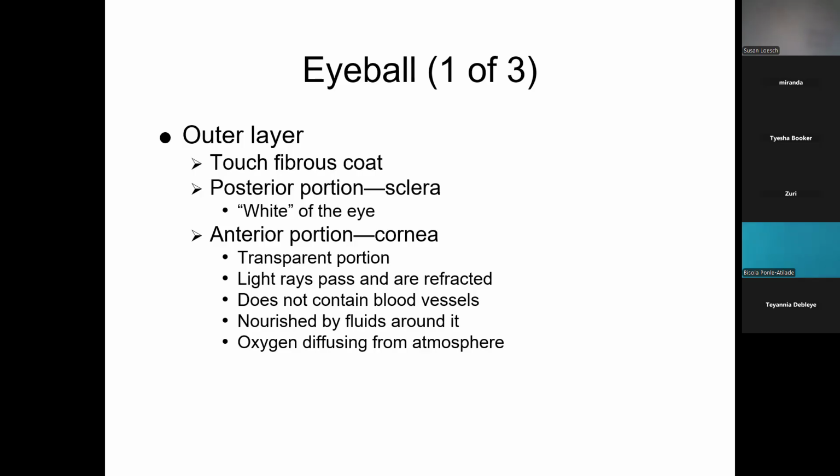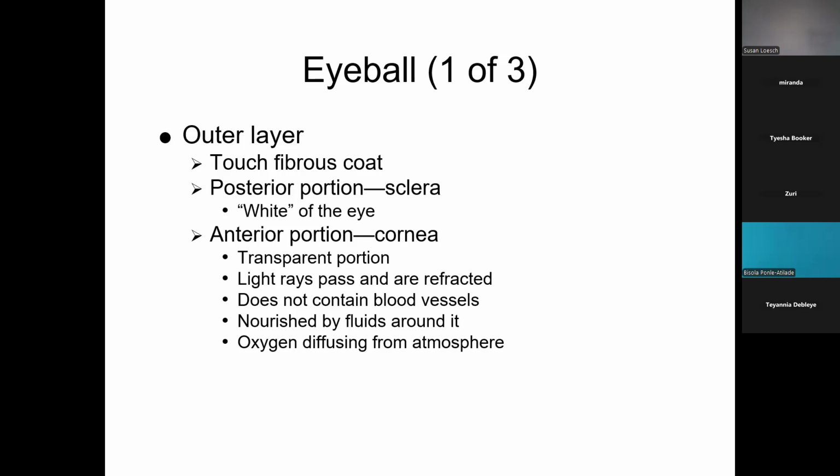The sclera is the white part of the eye, and the cornea is the transparent part where the light rays are passed through and refracted. So if you look at somebody's eye from the side, you can see the curve in their cornea. The cornea itself, and you have to know this, okay? The cornea itself has no blood vessels.